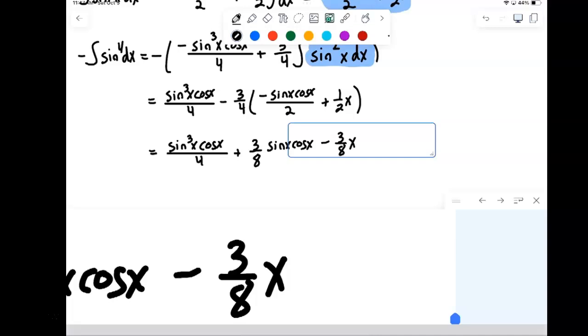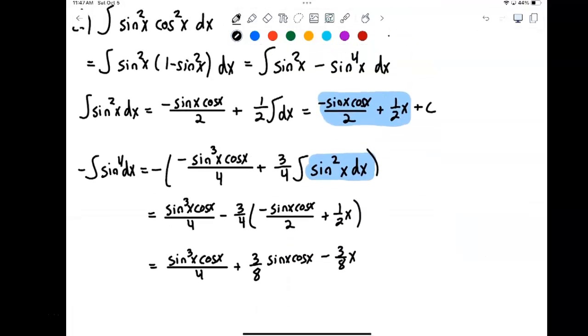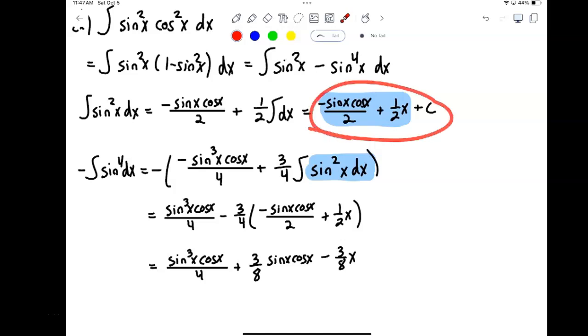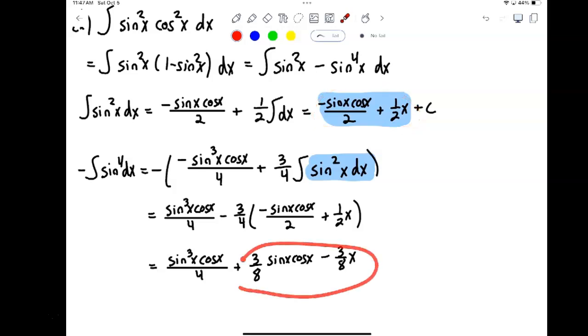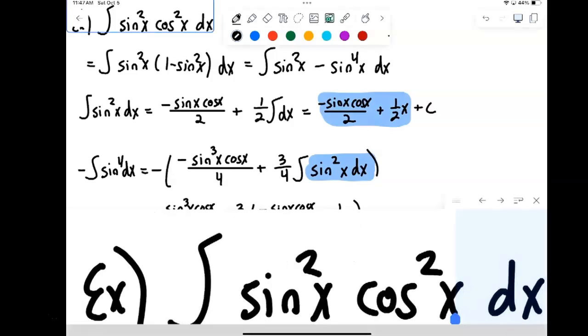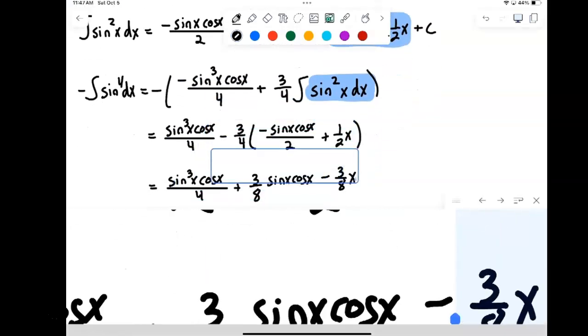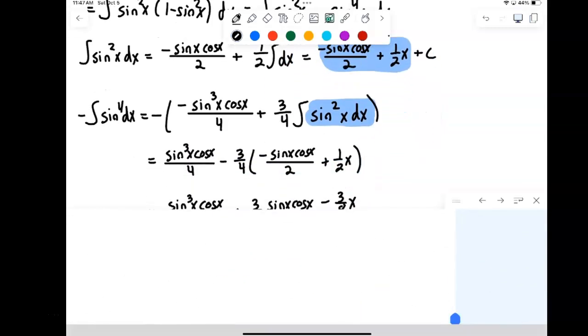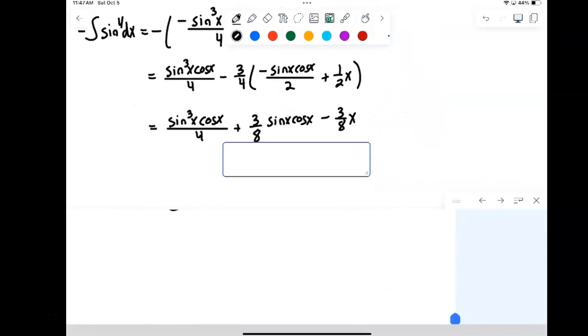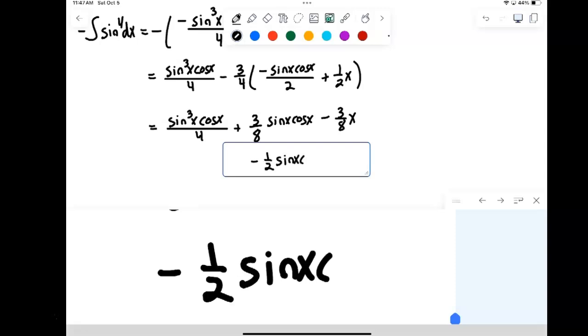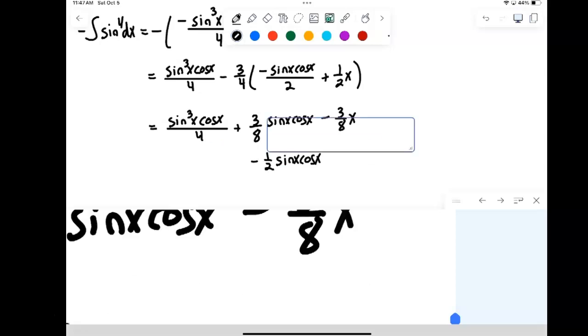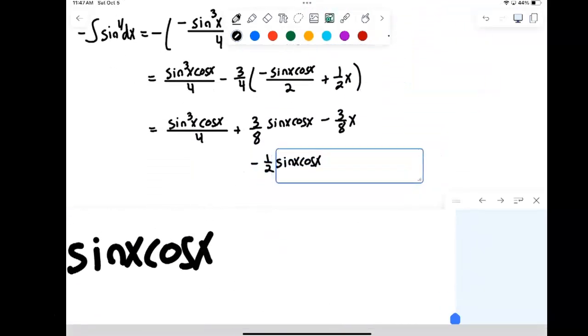And then I'm just going to bring down my sine squared part and put it together with the pieces here where I have like terms. So that's going to be minus 1/2 sine x cosine x and plus 1/2 x.